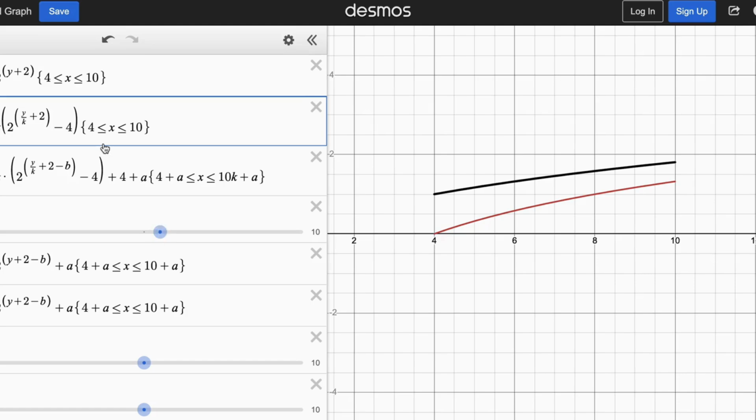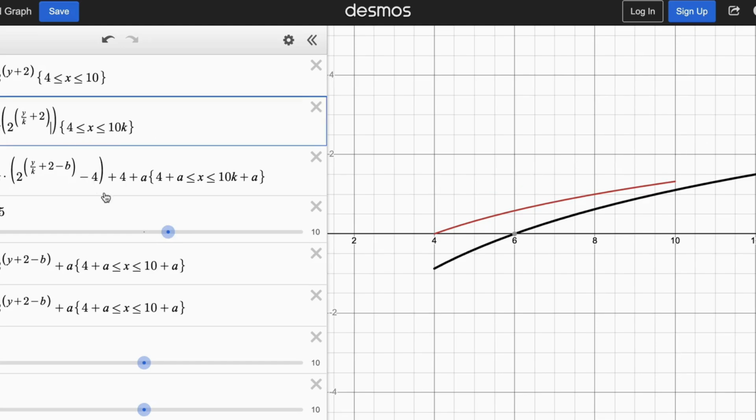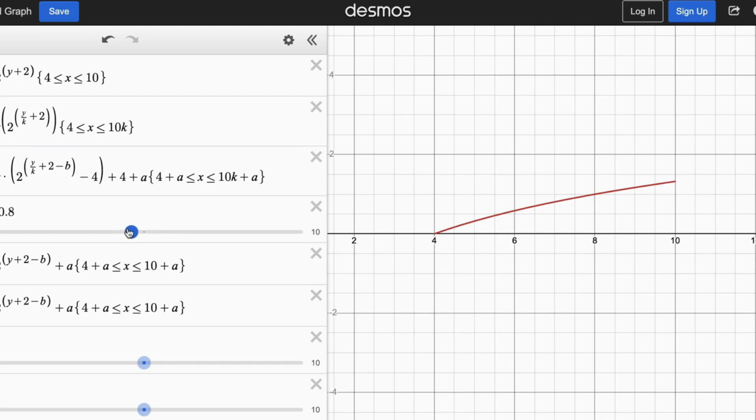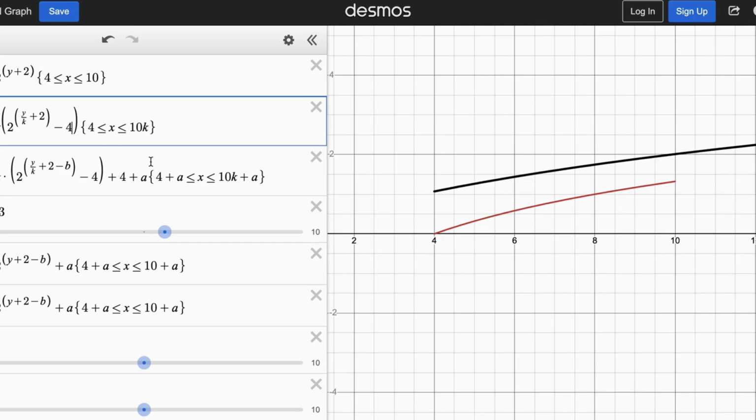I'm just going to keep 4 and make this 10k. Now it's kind of stuck at 4 and not moving around. When we didn't have that, it was moving around way too much. When we do minus 4, since this is going to be our horizontal shift, we need to leave it at 4.